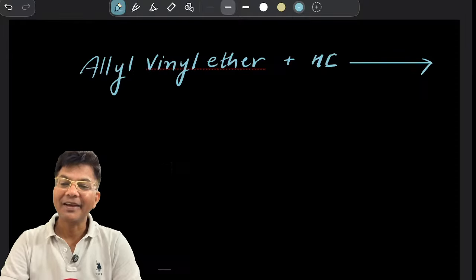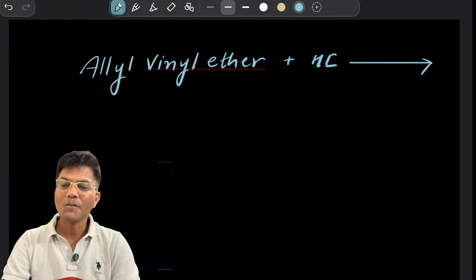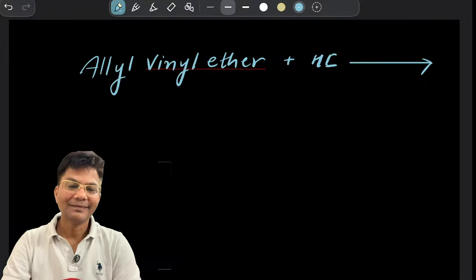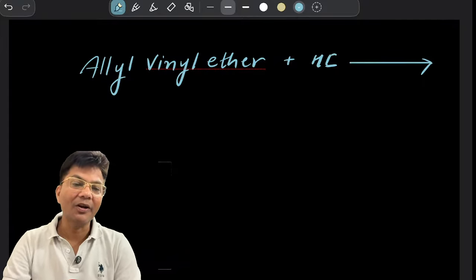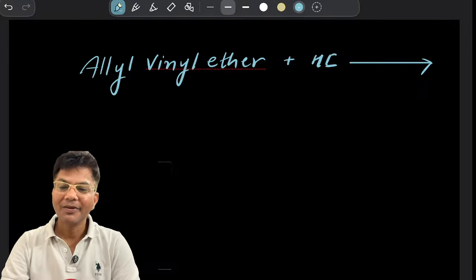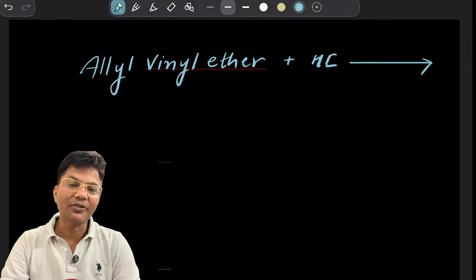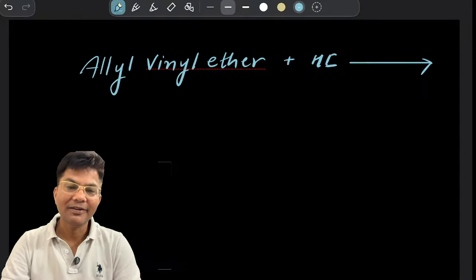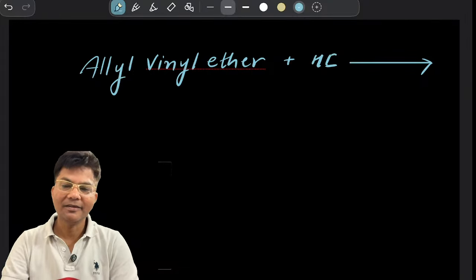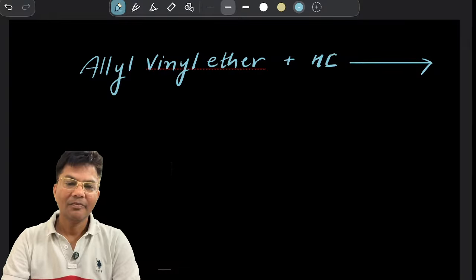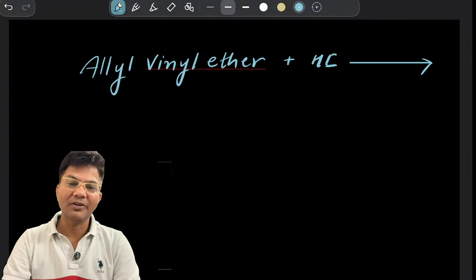For this you should know the structure. Once you know the structure, then only you can think about something. So first you just recall the structure of this compound, allyl vinyl ether. Baba is waiting for your response. SN1 or SN2?